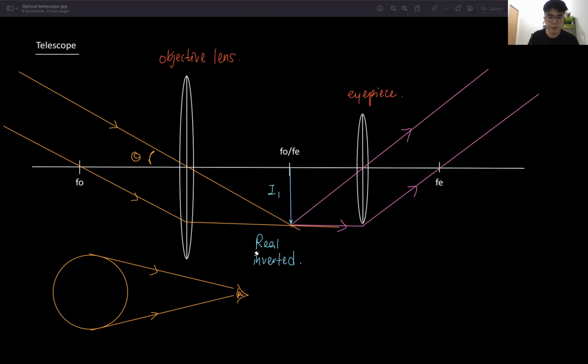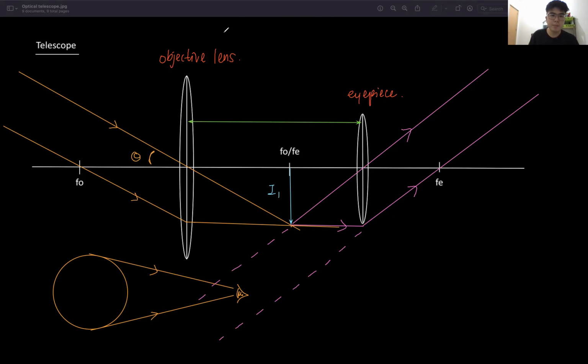Now, extend this one backwards. We see that the light never meets. So the image will appear as if it is at infinity, very far away. Is it magnified? Yes, it's magnified.